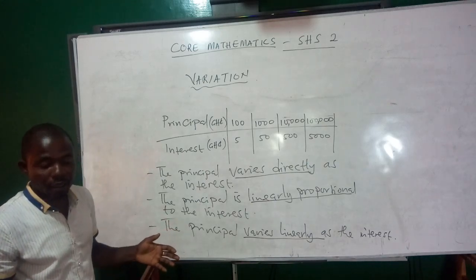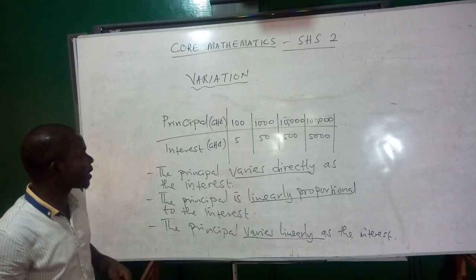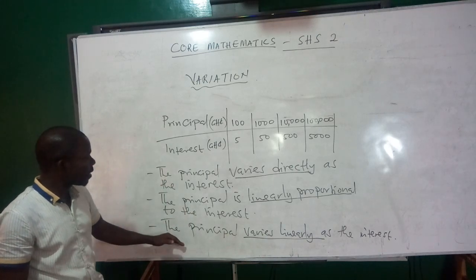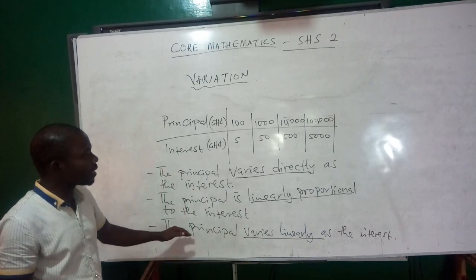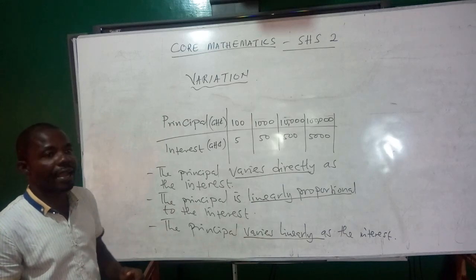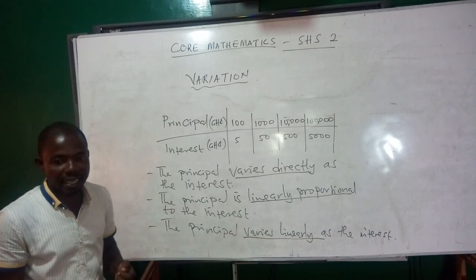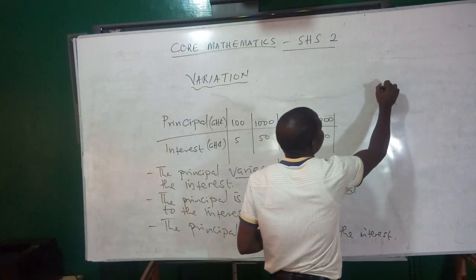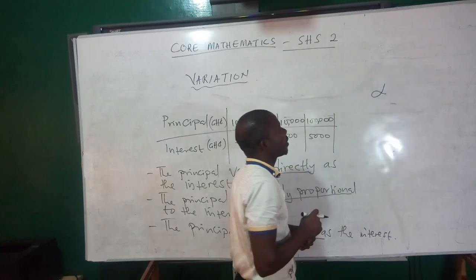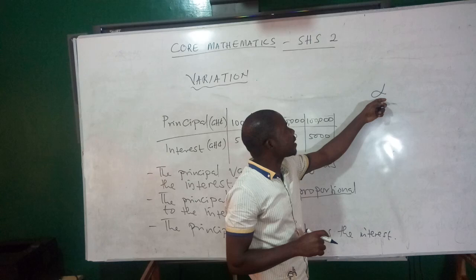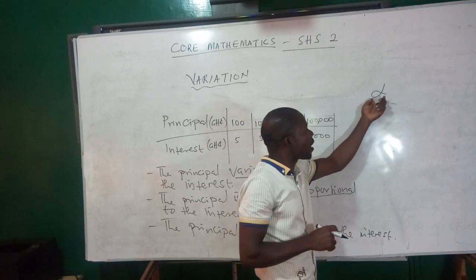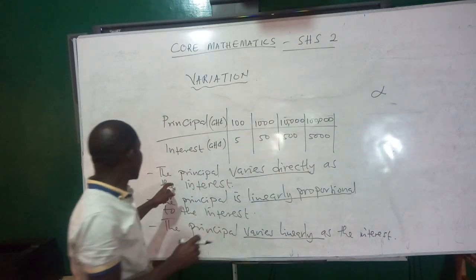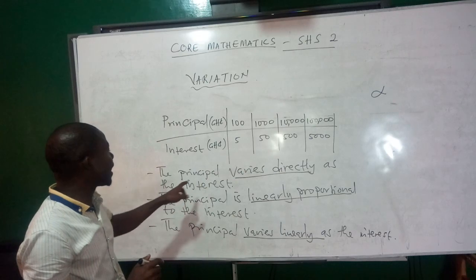As we stated earlier, we are looking at the direct variation. These statements we've written here can be written mathematically, and we have a symbol that we use to represent variations. This symbol we have here, when you see it, this is variation or varies. So as we've stated, the principal varies directly as the interest.